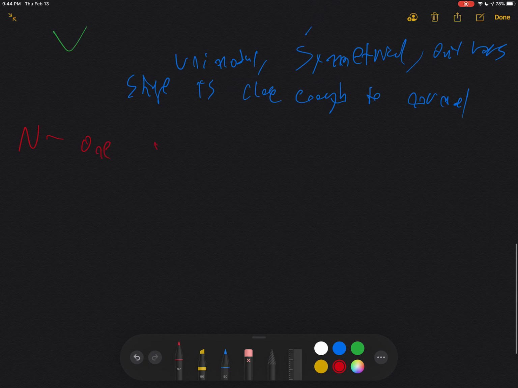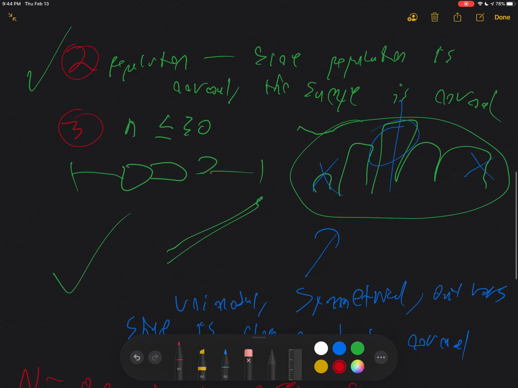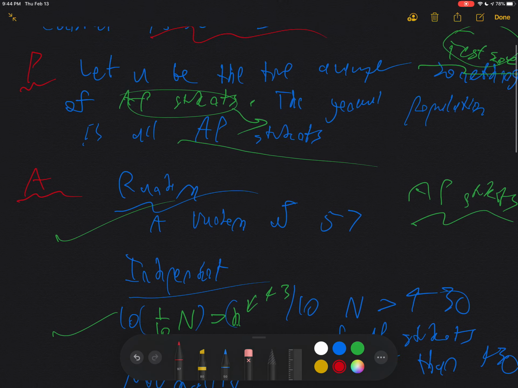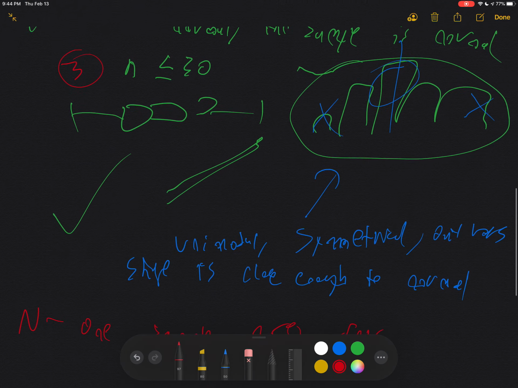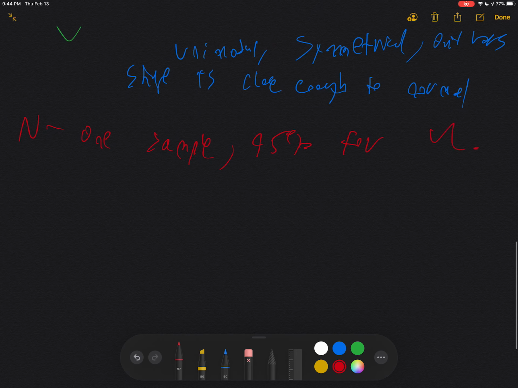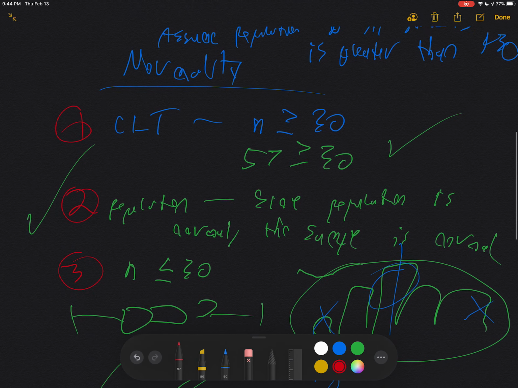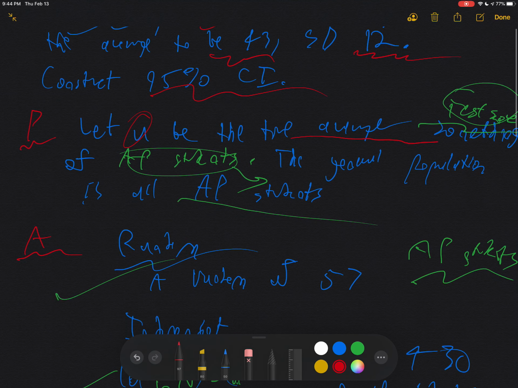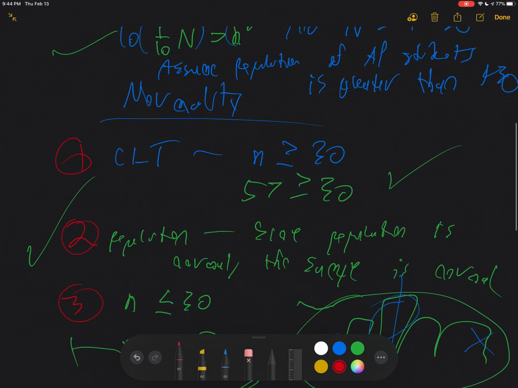So we have a 1 sample 95% confidence interval for, and then we would just write whatever we wrote on the P, where we defined U. So we would write for U. What this is saying is, since we're taking one sample, it's just one sample, and then we have our 95% confidence interval, and it's for U. And then remember, we defined U as the true average test score of AP students.